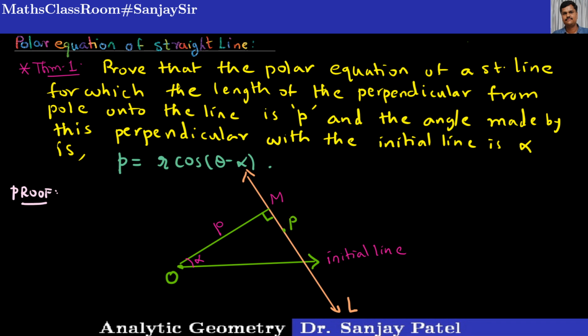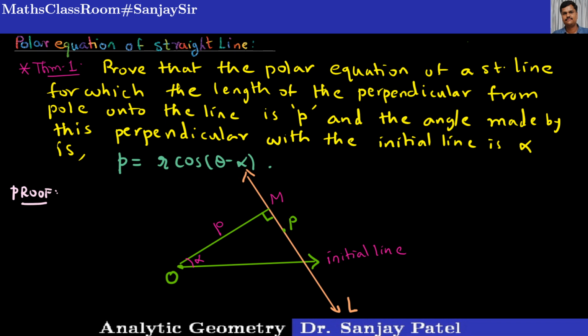This point is in the polar coordinate system, so it has polar coordinates. We know from this figure that the polar coordinates for the point M are p and alpha.